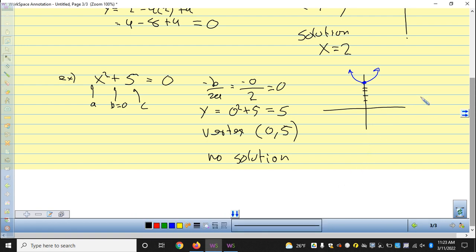Now, in reality, graphing is not the best method for solving quadratic equations. There are other ways that are better for solving quadratic equations. And one of those better ways is using square roots.